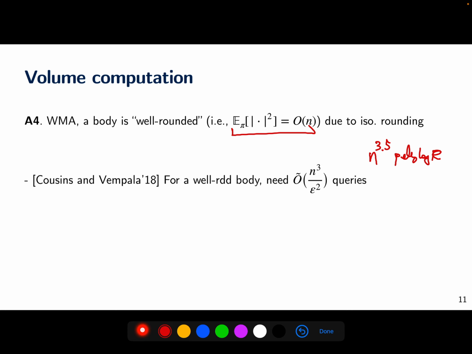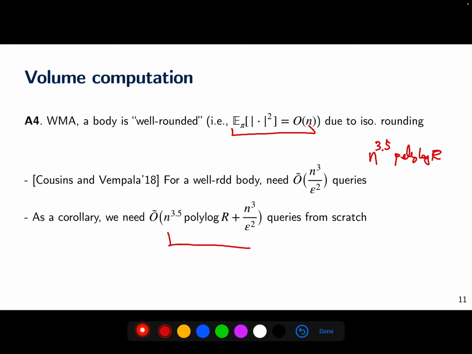For such a well-rounded body, there is an algorithm using n cubed over epsilon squared queries to solve the volume computation problem. And as a quick corollary, by combining this with rounding algorithms, we can do volume computation using this many queries in total.